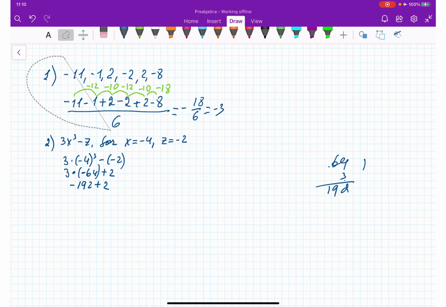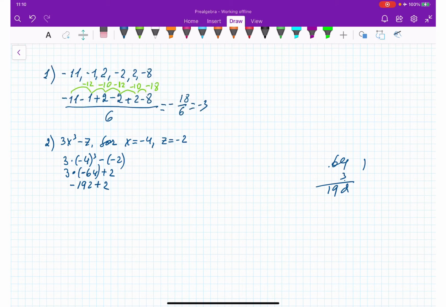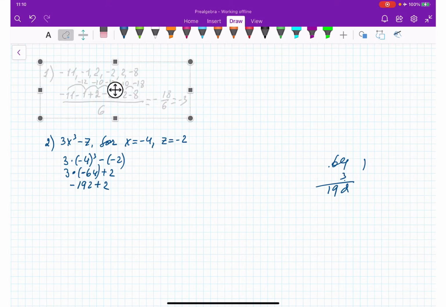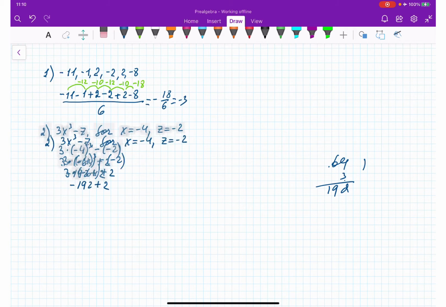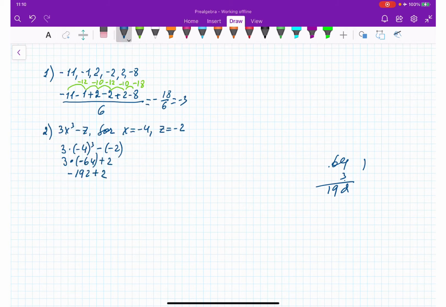Okay, next. Negative 192 plus 2, negative 190, sorry.